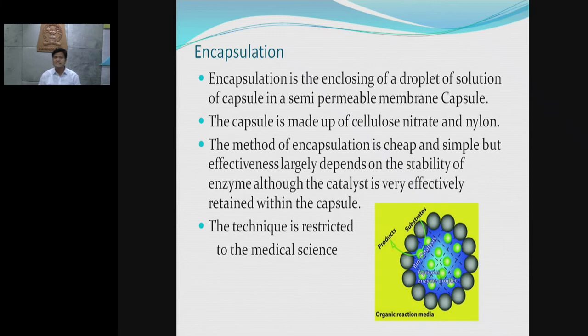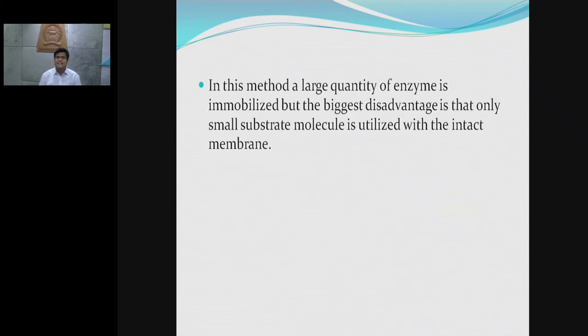This technique is restricted to the medical science field. In this method, a large quantity of enzyme is immobilized, but only small substrate molecules are utilized, because these molecules will only interact with the membrane of the droplet of the capsule. So there is very little possibility of diffusion of the substrate molecule from the outside to the inside of the capsule.